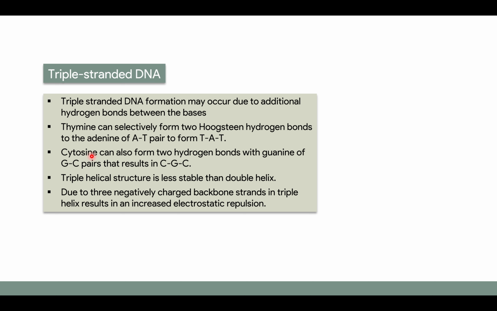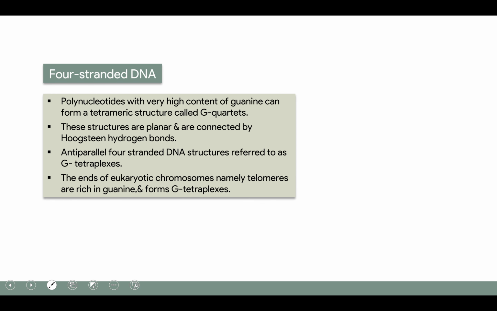Cytosine can also form 2 hydrogen bonds with the guanine of the GC pair. So one guanine will pair with 2 molecules of cytosine. The triple helical structure is less stable than the double helical structure, and due to 3 negatively charged backbone strands in the triple helix, it results in increased electrostatic repulsion. So this was about the triple stranded DNA.